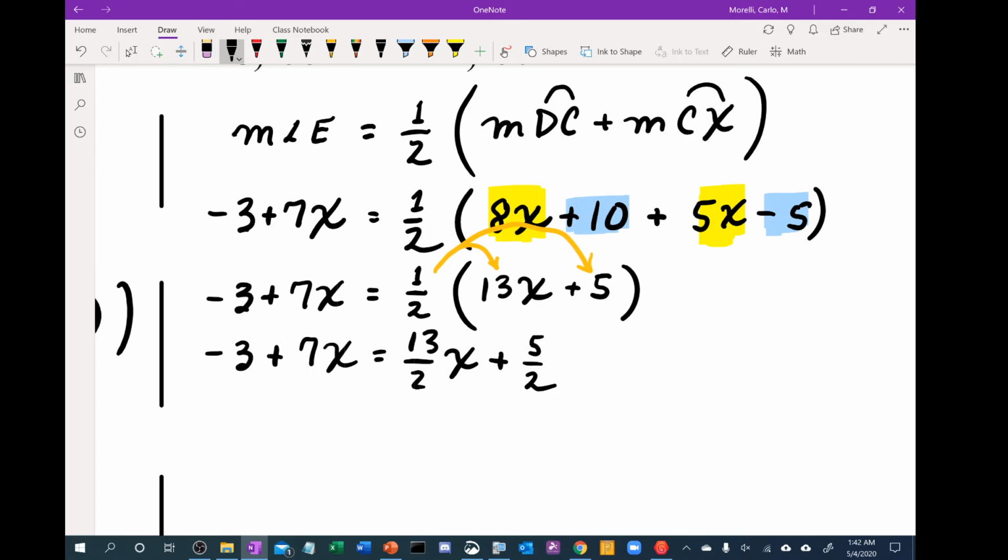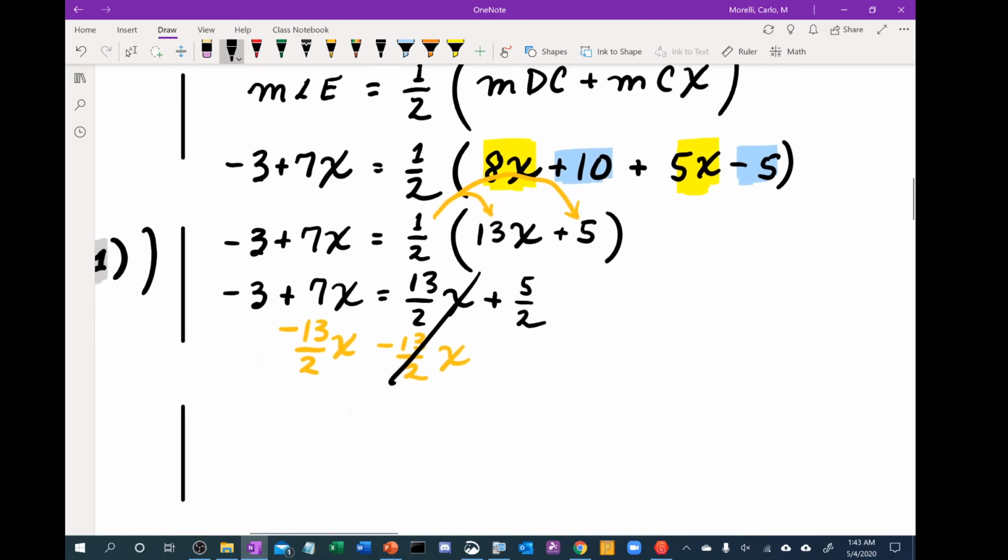Okay, leave those like that. We're going to combine these terms. First, we're going to move this 13 over 2 x to the left side by subtracting 13 over 2 x from both sides. Okay, on the right, that cancels out.